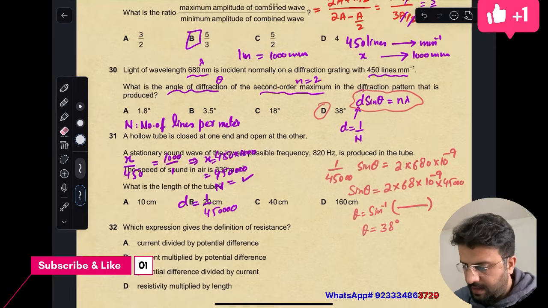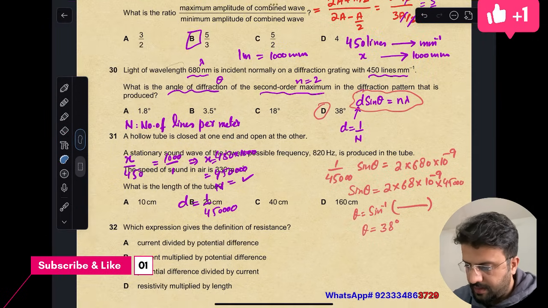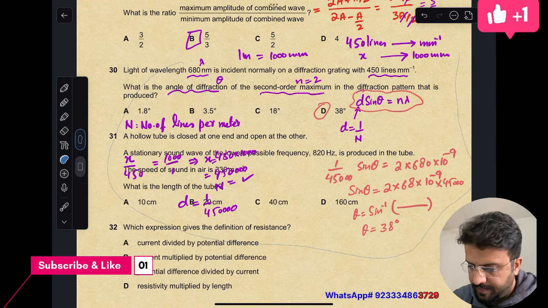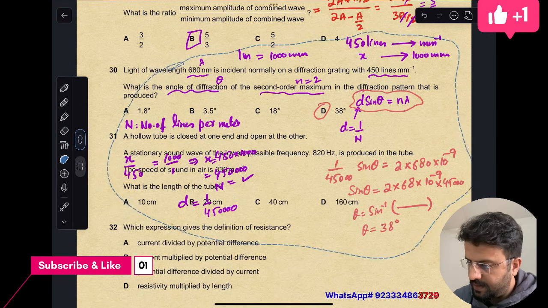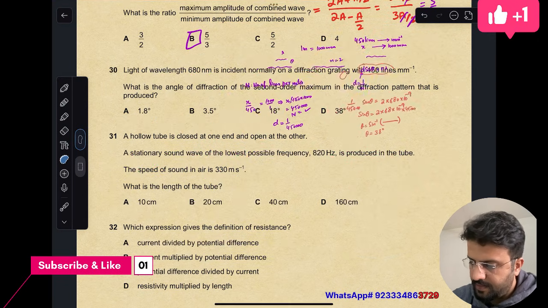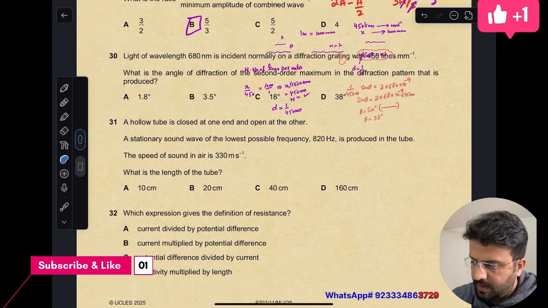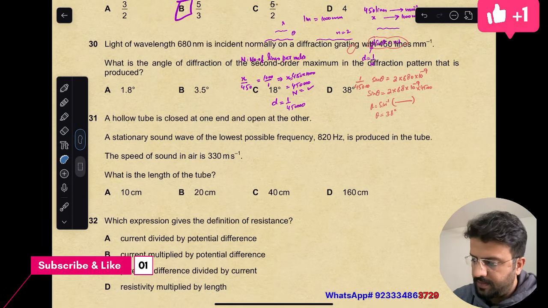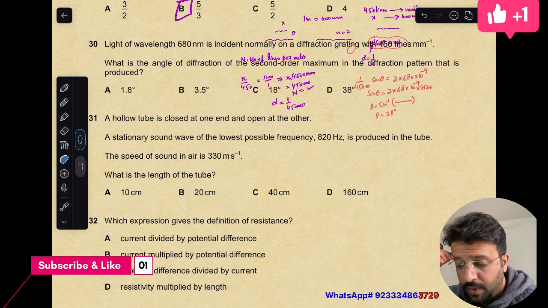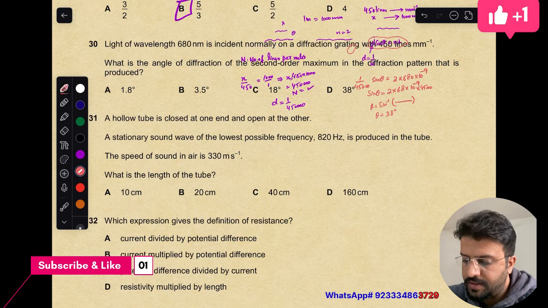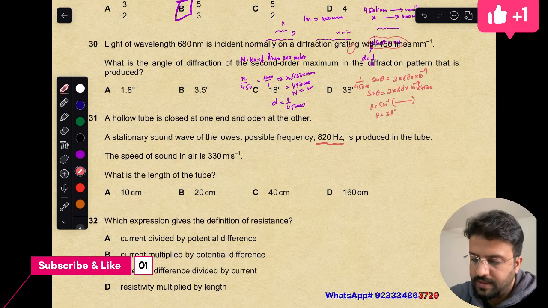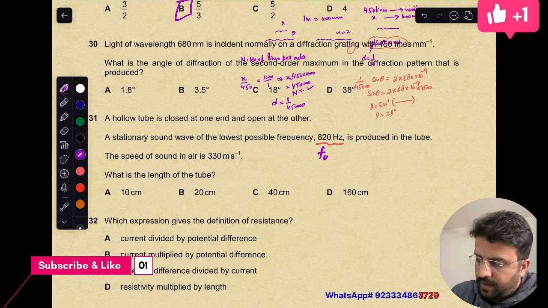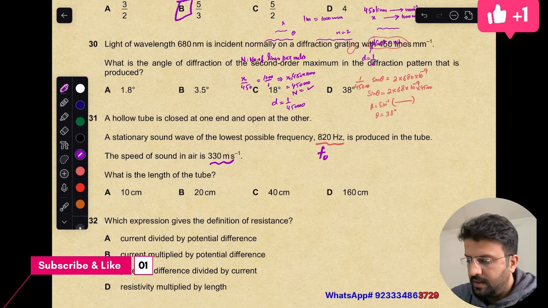Let's keep this here. Okay, in the next question, a hollow tube is closed at one end and open at the other. A stationary sound wave of the lowest possible frequency is given. Lowest possible frequency means the fundamental frequency is produced in the tube.